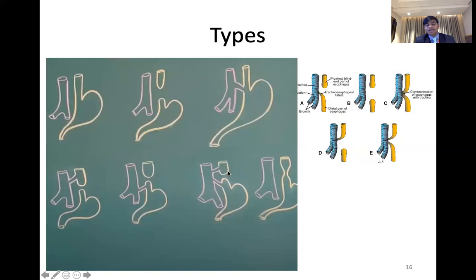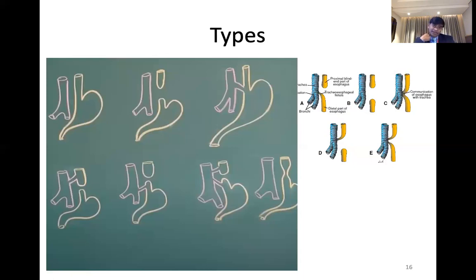So, double tracheoesophageal fistula with esophageal atresia. And here you can see esophageal stenosis, because there is a narrowing of the esophagus, as I said, because of incomplete or improper recanalization of the esophagus.